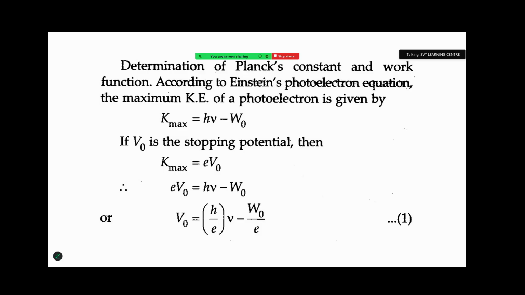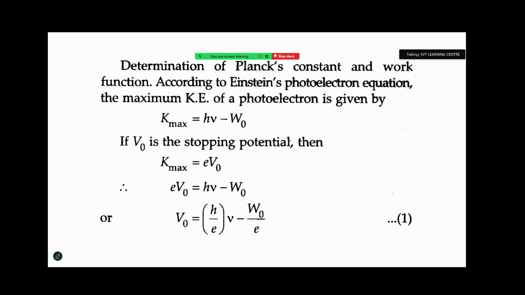So, our K max will be equal to e V0. It will stop only when the kinetic energy is equal to the energy acquired by the electron on moving across a potential V0. So, we now write the value of e V0 instead of K max. So, e V0 will be equal to h nu minus W0.